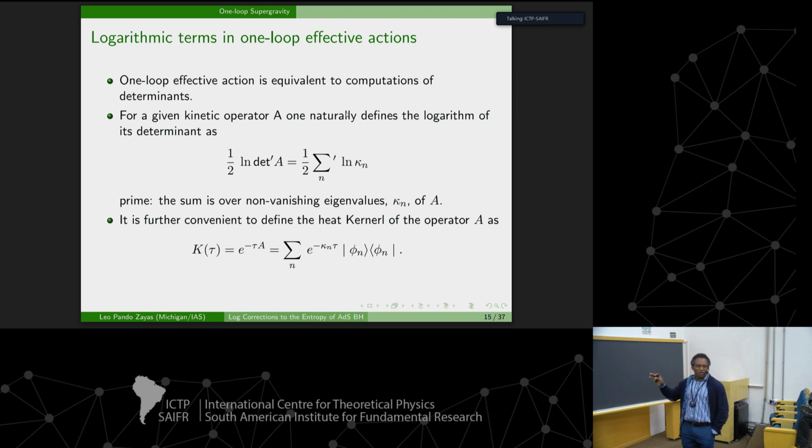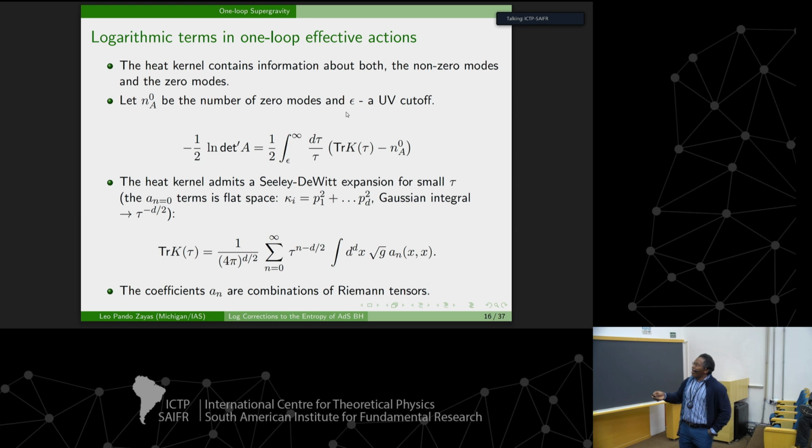So I have to treat zero modes separately. Now, in this context of curved space, the best way to do this is to use the heat kernel, which I formally write like this. These are the eigenstates of this operator, and these are its eigenvalues. I'm interested in the log of the determinant without zero modes, but the heat kernel counts the zero modes. So this would be the expression for the determinant, and I have to subtract the zero modes, and that would be my answer.